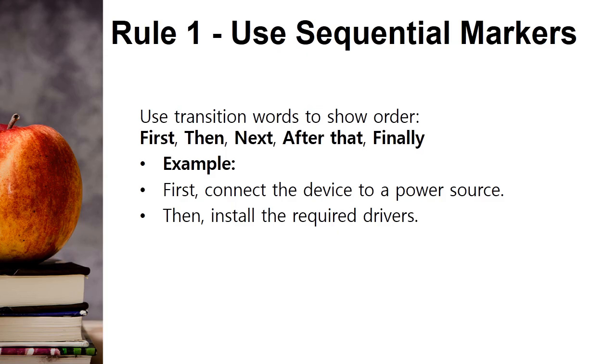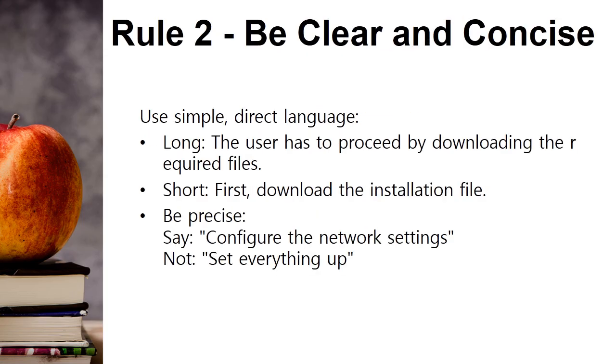You can use "first" to introduce the first or introductory action, then "next" and "after that" to present the following actions, and "finally" to speak about the last action. This is rule number 1.